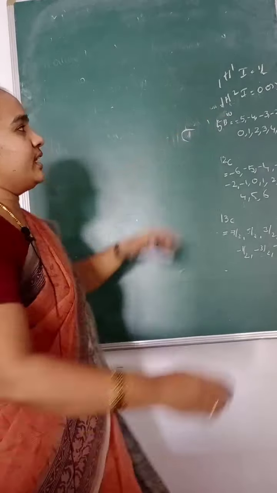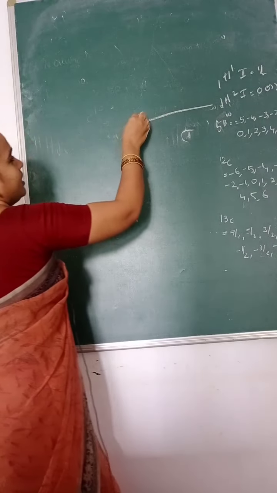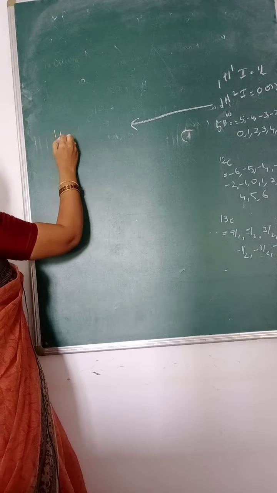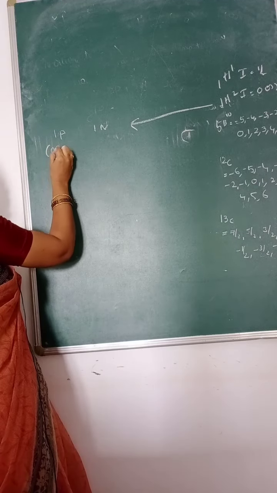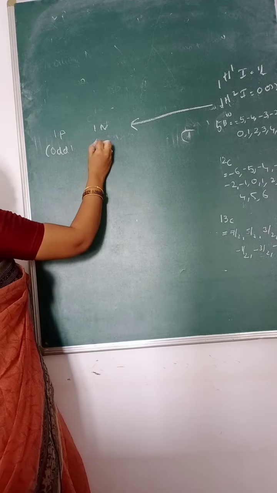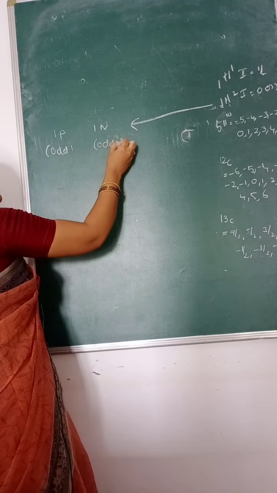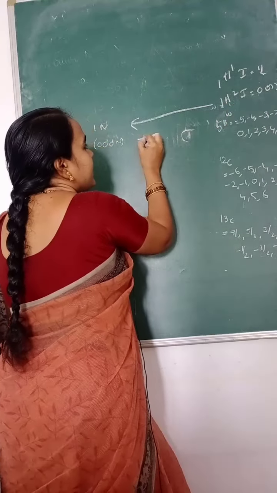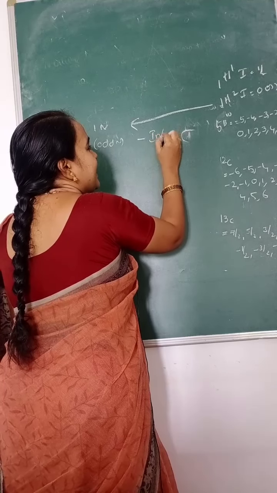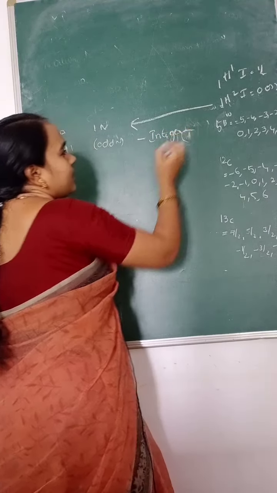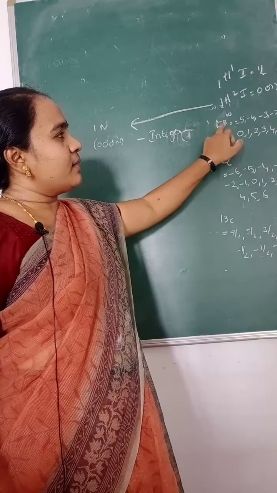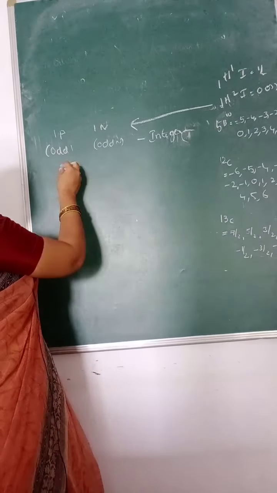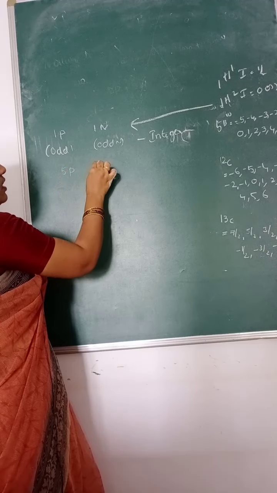So if you observe all these atoms, consider the deuterium atom. In the deuterium we will have 1 proton and 1 neutron, that is an odd number of protons and an odd number of neutrons. What is the resultant spin? The resultant spin is an integer. If you consider the boron atom also, in the boron atom we will have 5 protons and 5 neutrons.